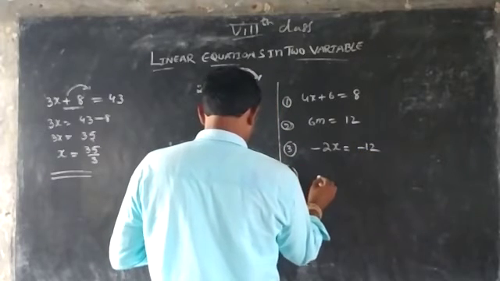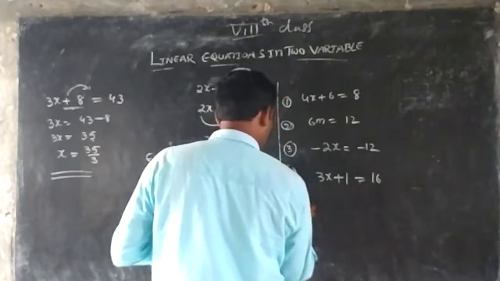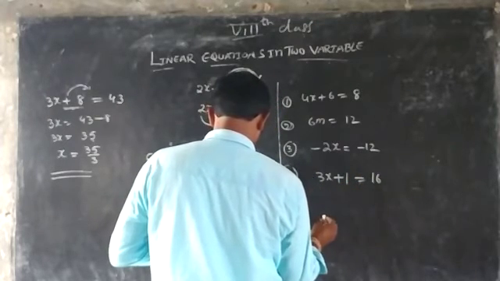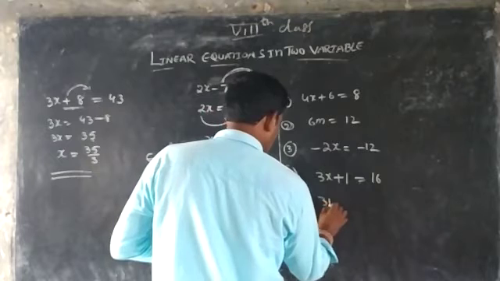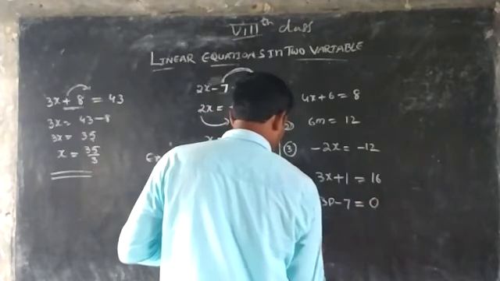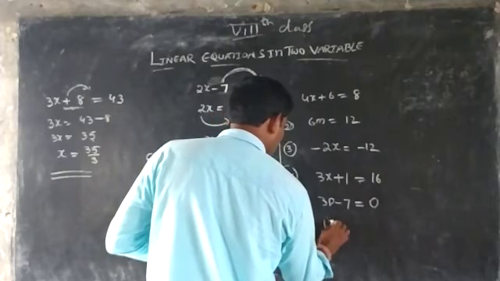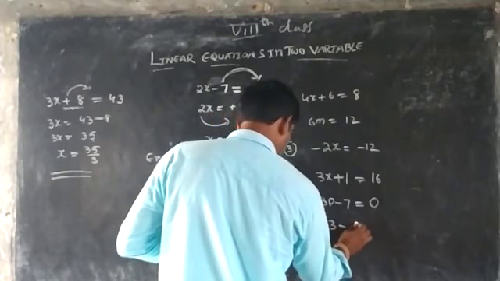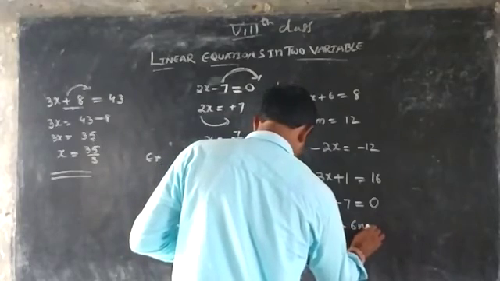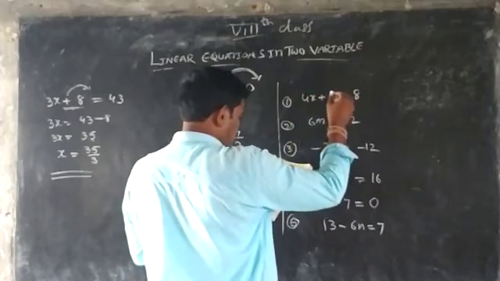Fourth one is 3x plus 1 is equal to 16. Fifth one is 3p minus 7 is equal to 0. And sixth one is 13 minus 6n is equal to 7.